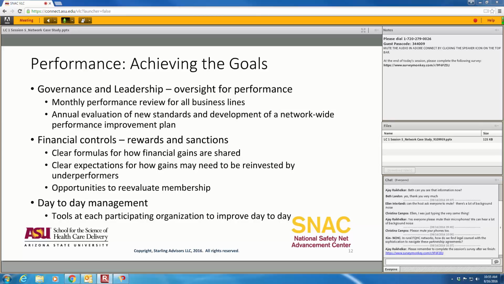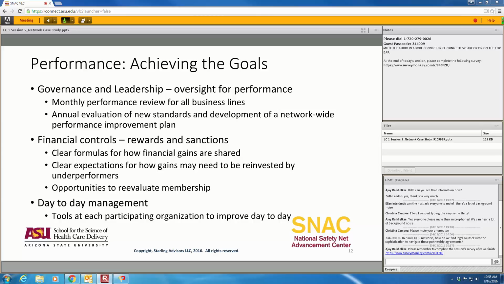They developed some clear formulas for how gains were going to be shared, and that included having a vision for reinvesting a portion of their gains in the network.